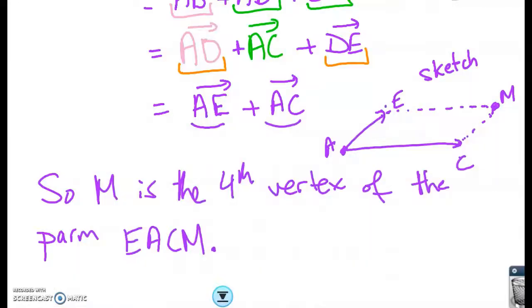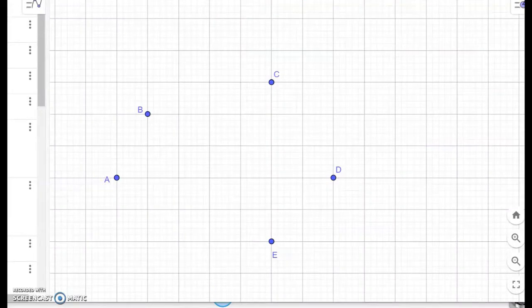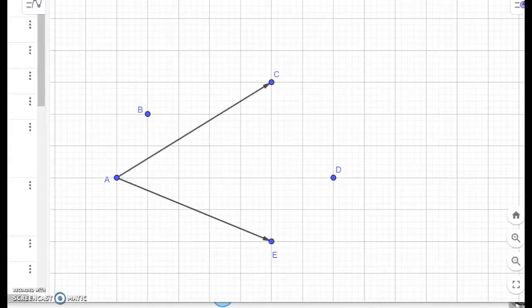So we said here, I want AM to be AE plus AC. So I will draw first vector AE and then vector AC and then complete the parallelogram. So let's start with vector AE. This is vector AE and this is vector AC. Now I want to complete the parallelogram. How do we complete the figure to get a parallelogram?